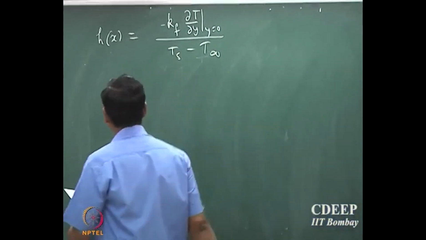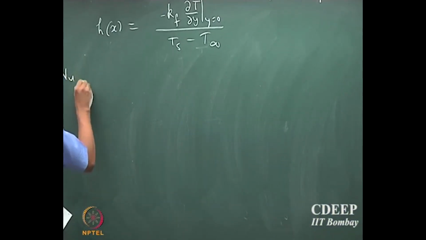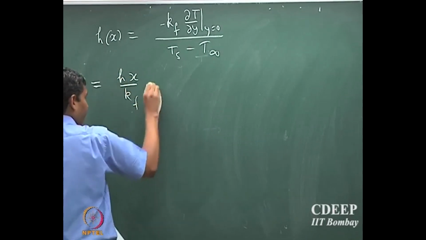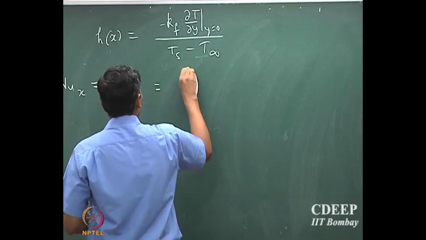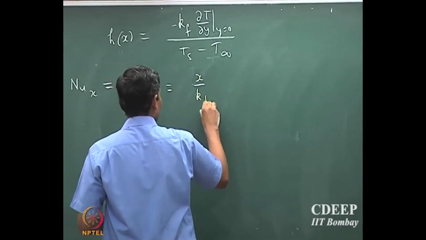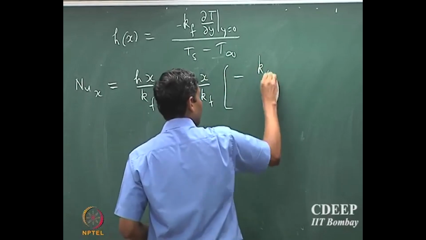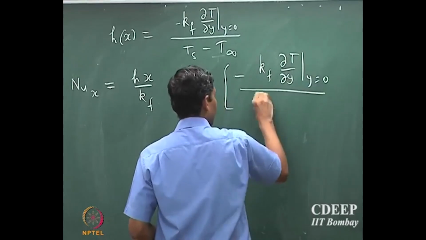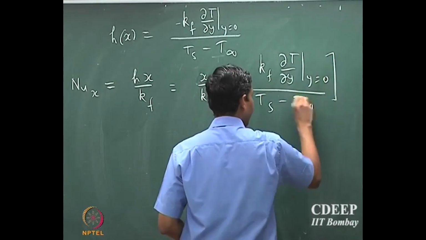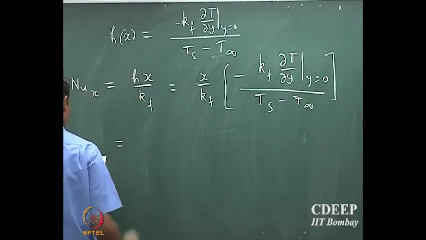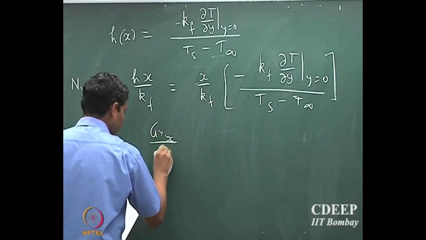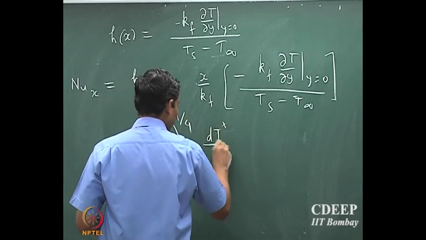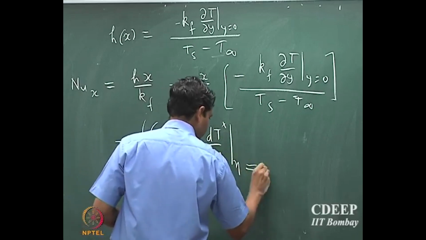And so using this definition, we can define the local Nusselt number as x by kf into minus dT by dy divided by Ts minus T infinity. And in terms of the dimensionless quantities, this will turn out to be Grashof number by 4 to the power of 1 by 4 into dt star by d eta at eta equal to 0.